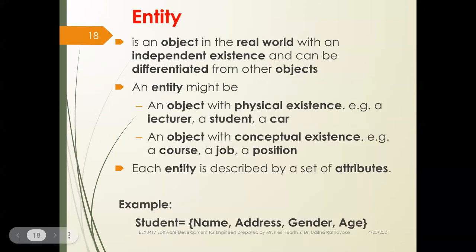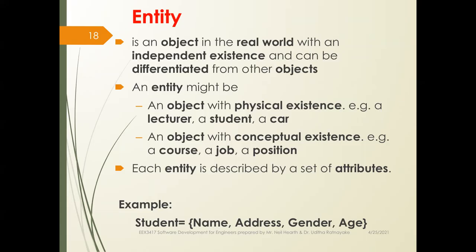Entity. An entity is an object in the relevant real world with an independent existence and can be differentiated from other objects. An entity might be an object with physical existence, for example a lecturer, student or car, or a conceptual object, like a job or course.